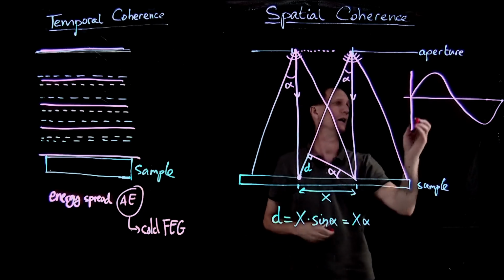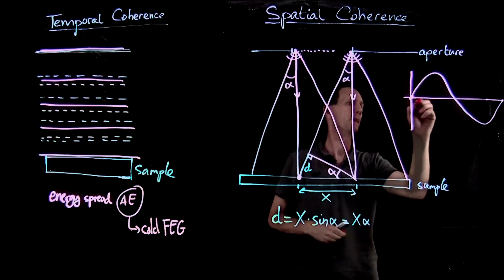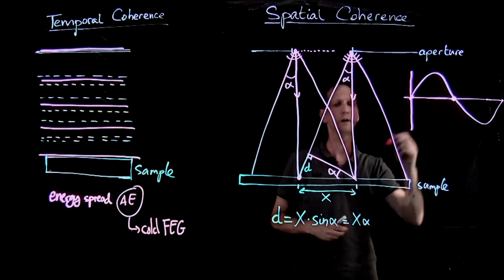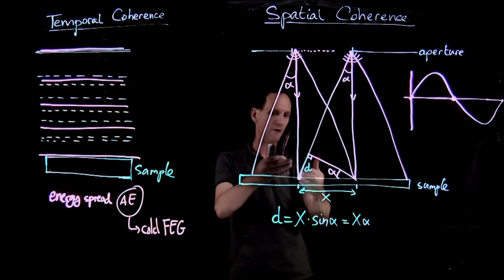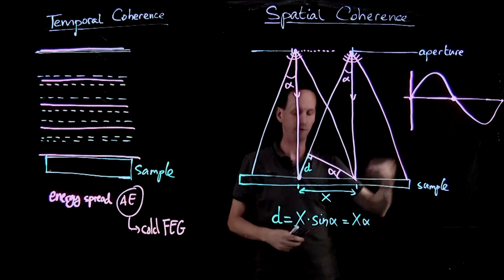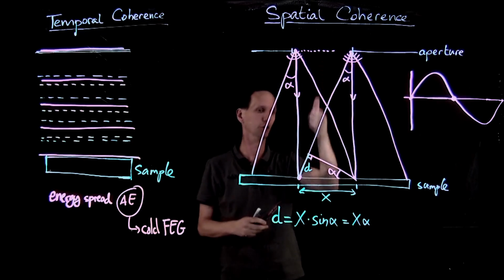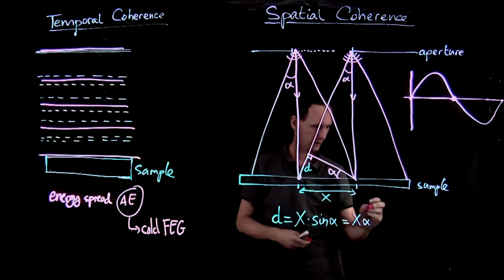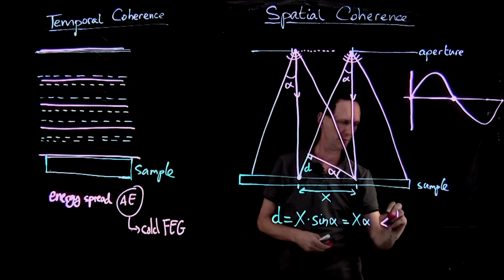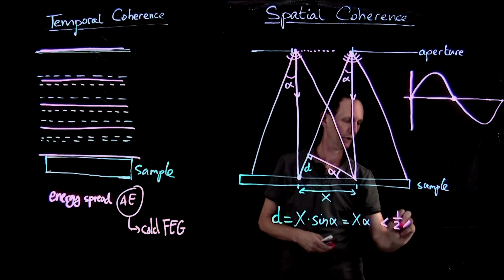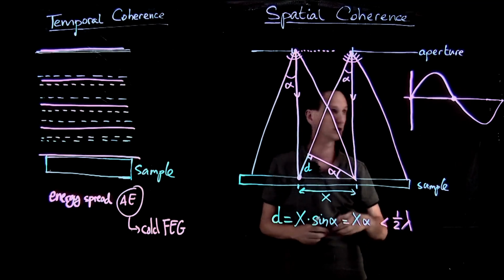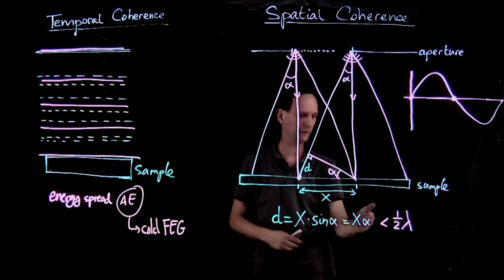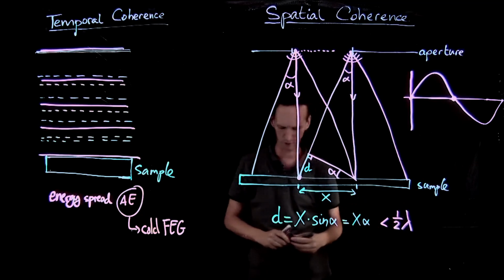So as long as the difference in path length is less than half a lambda, we will have no negative interference parts in the total sum, and we will still have some degree of coherence, a positive contribution in the total phase here. So the path length difference should be less than half the wavelength.